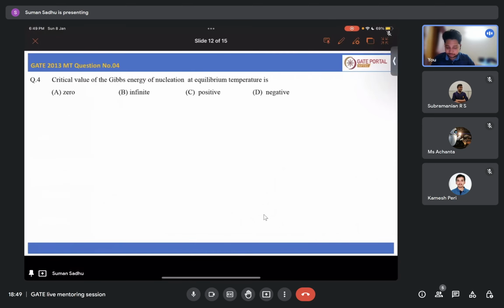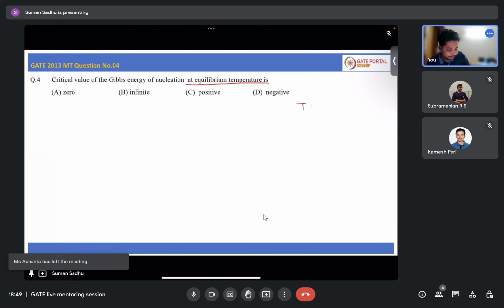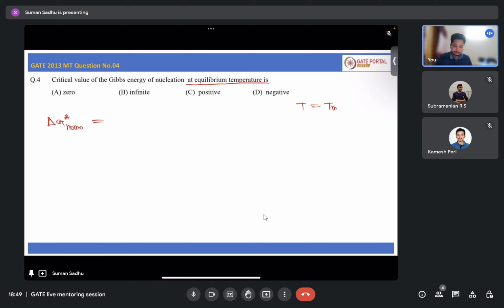The question states the critical value of the Gibbs energy of nucleation at equilibrium temperature. At equilibrium temperature means at T is equal to Tm. What will be the delta G star for homogeneous or for heterogeneous also? Let us consider homogeneous only, because both will be the same. So what will be the delta G star for homogeneous when T is equal to Tm?